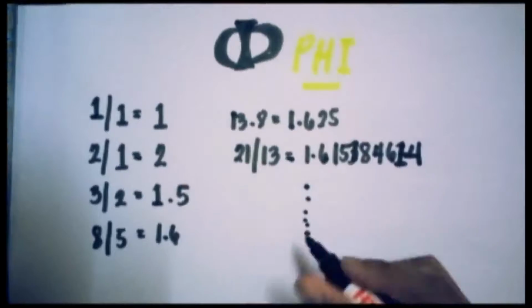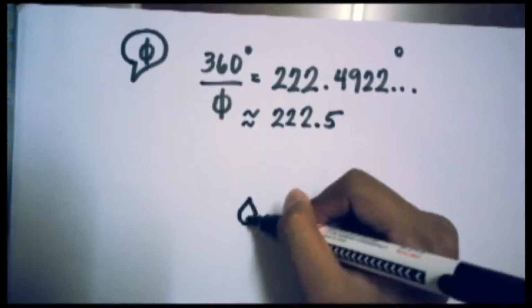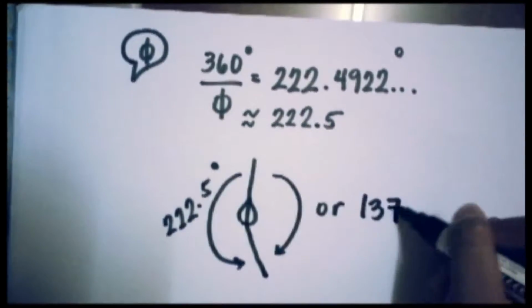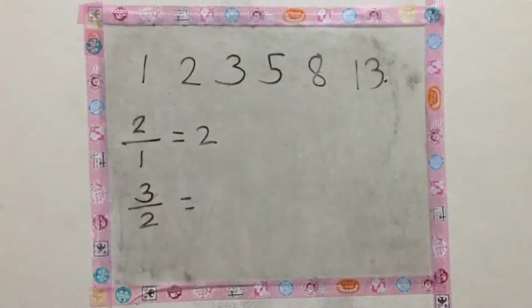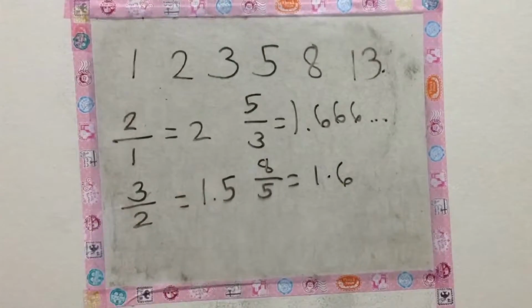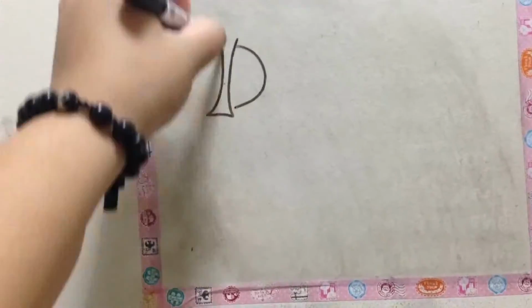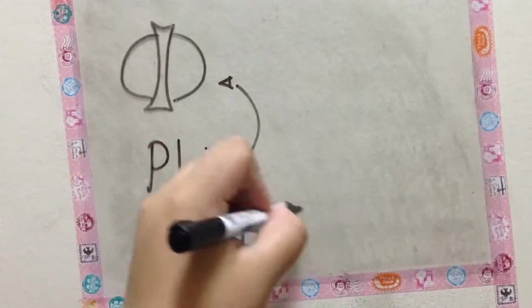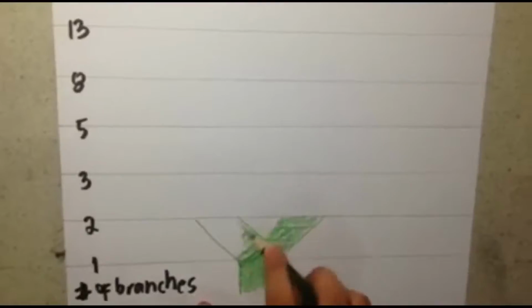The larger the number in the sequence used as a divisor, the closer it is to the value of phi. Like what you can see in this video, as the values from the Fibonacci sequence increase, the ratio becomes closer and closer to the value of phi, which is 1.61803.